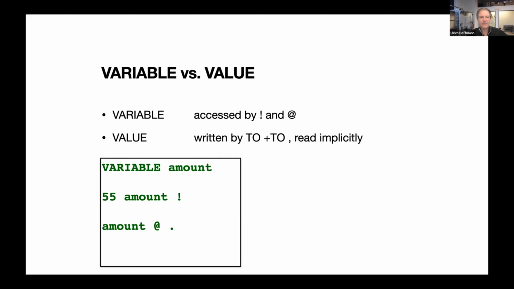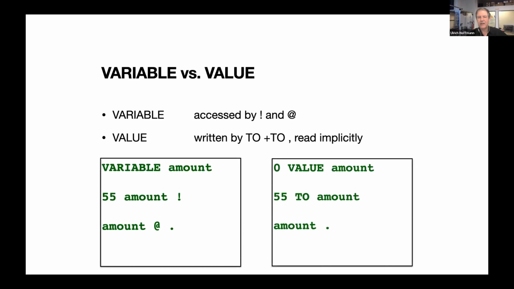So you can write something like variable amount, and then you can store 55 in that, and you can fetch the value. Or you can have a value, and the typical definition of value requires you to supply an initial value. Then you can use the TO notation to put a new value in. And so you avoid lots of fetches if you read the values.